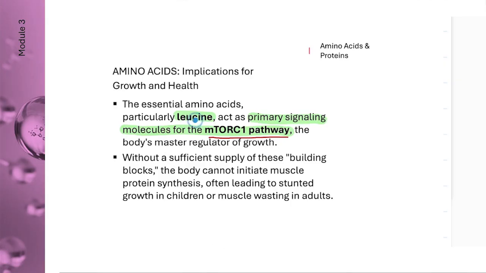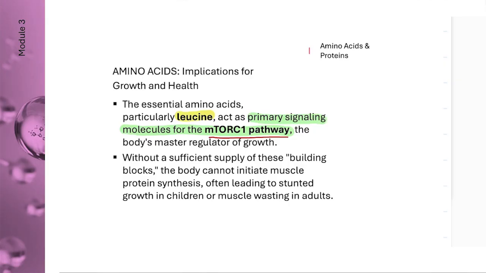So if leucine is unavailable in diet, that pathway cannot happen, and it leads to growth stunting. So the point here is that without the sufficient supply of these building blocks, the body cannot initiate protein synthesis in the muscle, and this is usually the basis of stunting that we have in children.